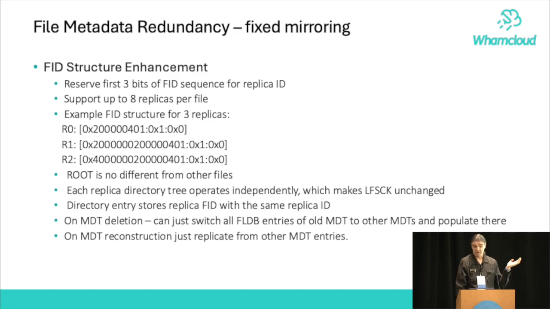And then if one of the MDTs gets deleted, you just reassign those FIDs in the FLDB to another MDT, and using the other available mirrors, you would just reconstruct, or rather recopy, the information. So it should be pretty simple. There are no complications from fsck, because again, the tree always remains the same. It's just exact mirrors all around.